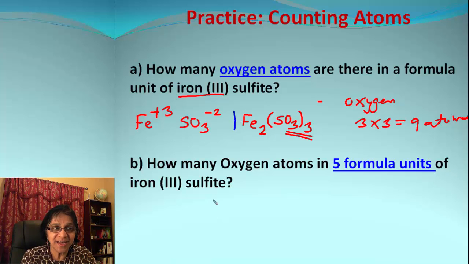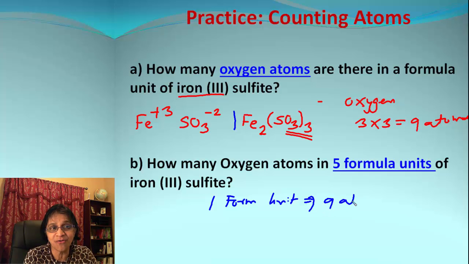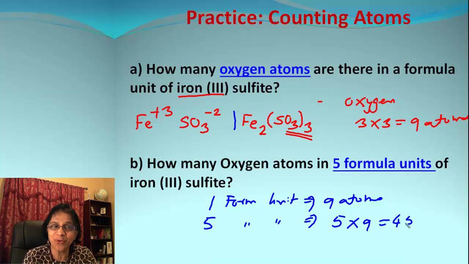In one formula unit, we ended up getting 9 atoms of oxygen. So if we have 5 formula units, how many atoms should we have? It will be simply 5 times 9, that will be 45 atoms of oxygen.